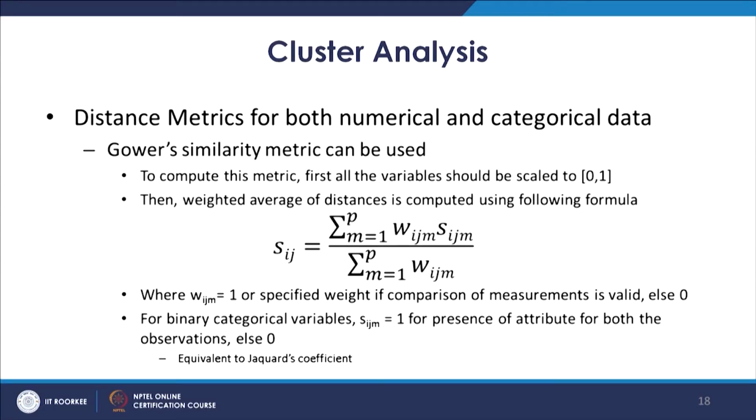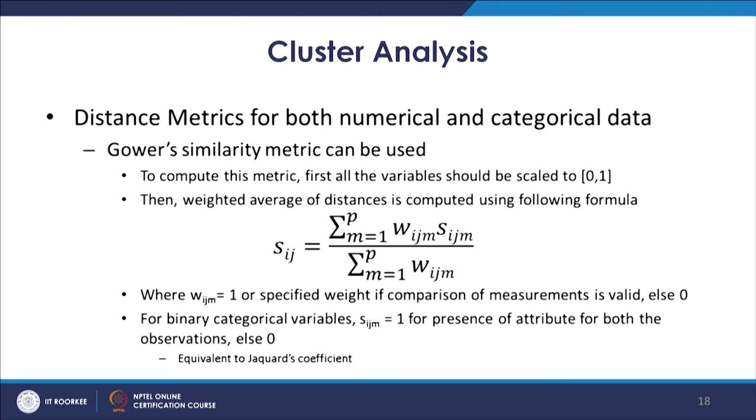Those dummy variables are coded using zeros and ones, and therefore the range is going to be 0 and 1. For that reason we typically scale our numerical variables also to the 0 1 scale. That is why the first line asks for that explicitly: first all the variables should be scaled to 0 1.